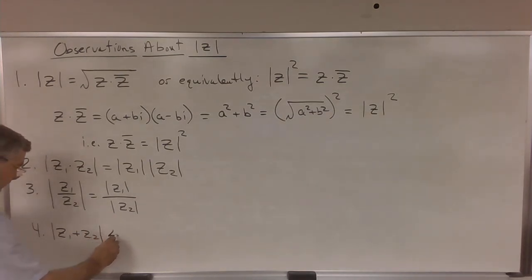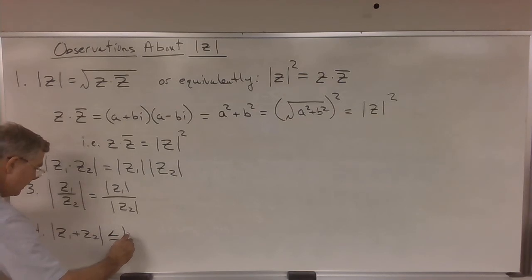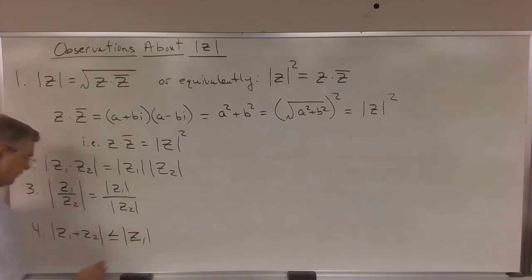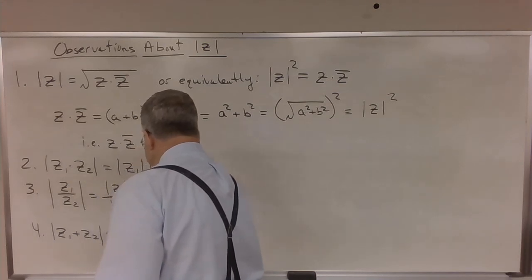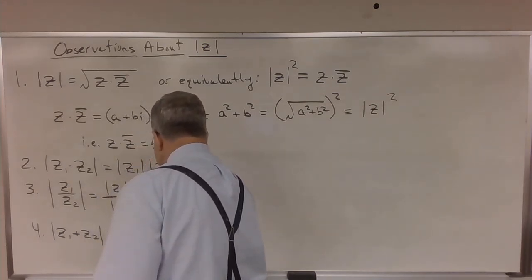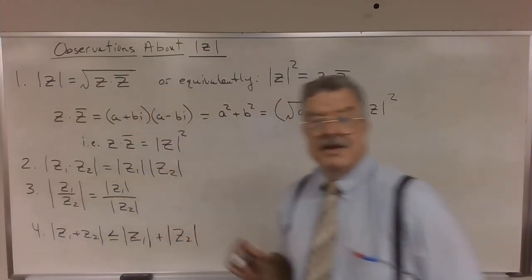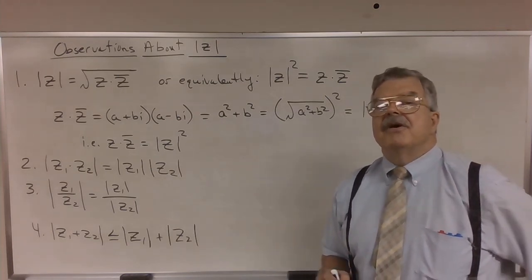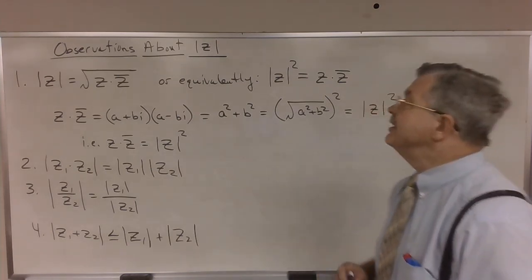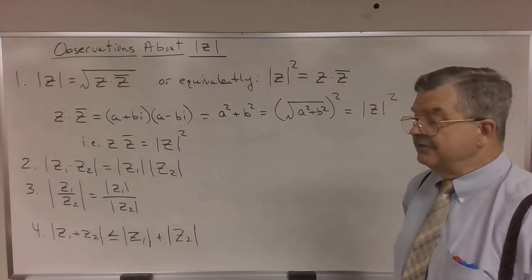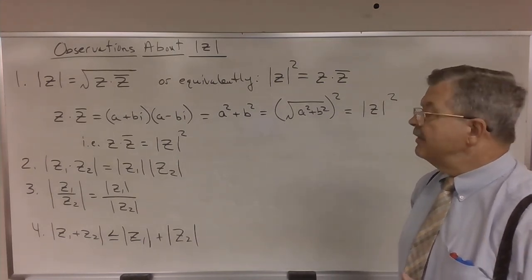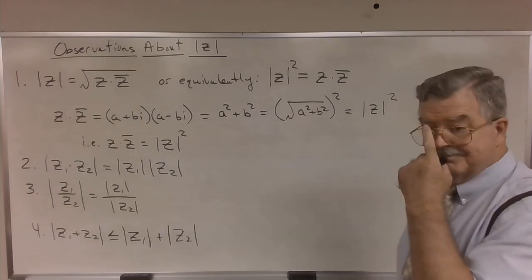So if you guessed that it's going to be less than or equal to the modulus of z1 plus the modulus of z2, you guessed right. So those are some important observations and properties about the modulus of z. They're worth remembering.